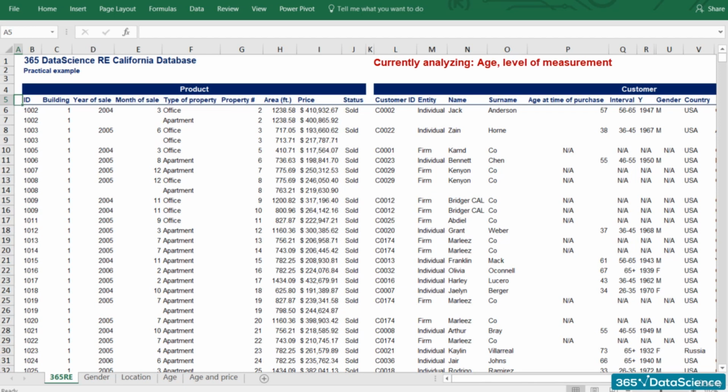However, what's truly intriguing is whether age is discrete or continuous. In fact, it may be both. In this case, we can only see age as a whole number. Therefore, it is discrete. However, similar to weight, a variable we discussed earlier in the course, age is a continuous variable.